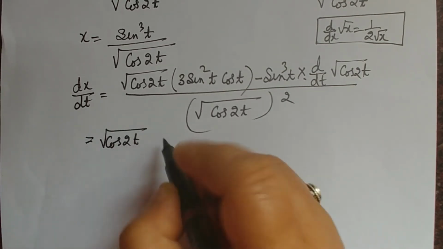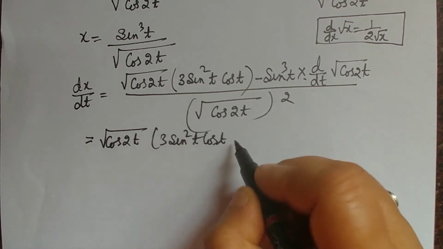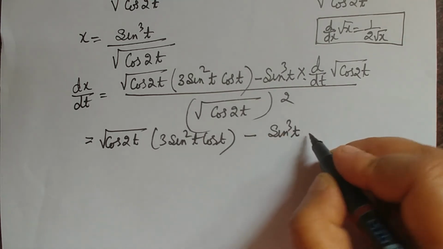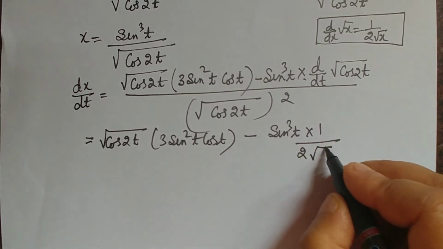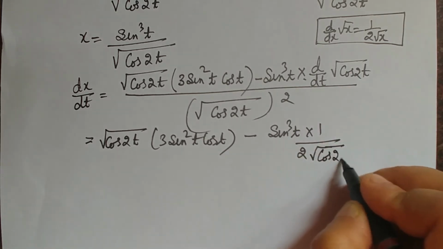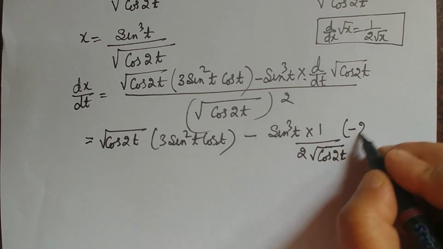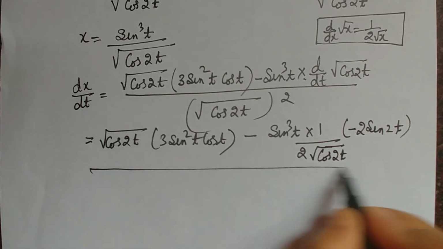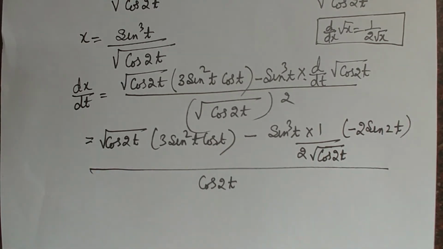So it will be root cos 2t, 3 sine square t cos t, minus sine cube t into 1 upon 2, treat it as root x, cos 2t into the derivative of cos 2t, which is minus 2 sine 2t, divided by, this becomes cos 2t after operating with whole square.